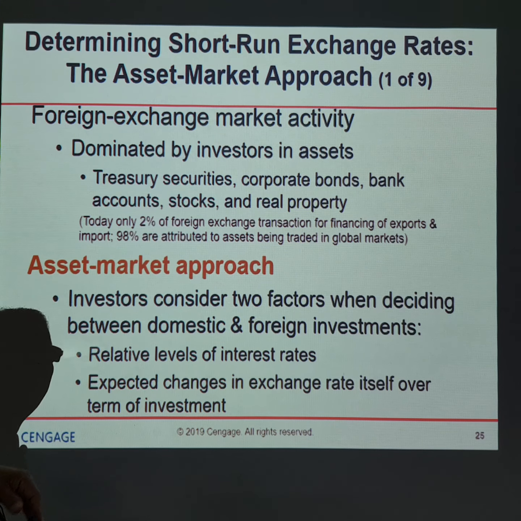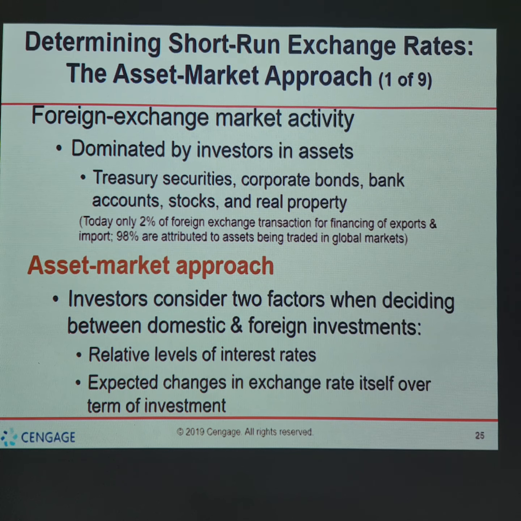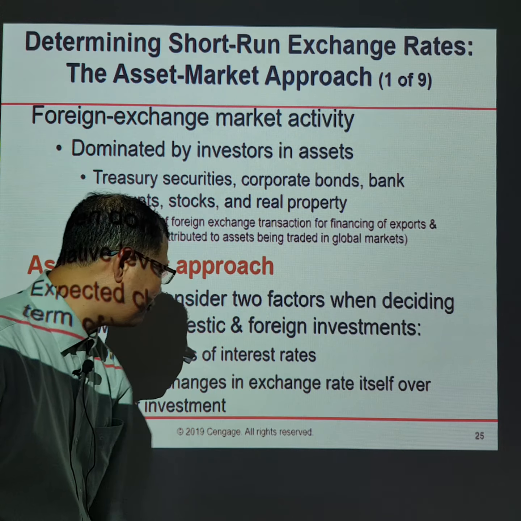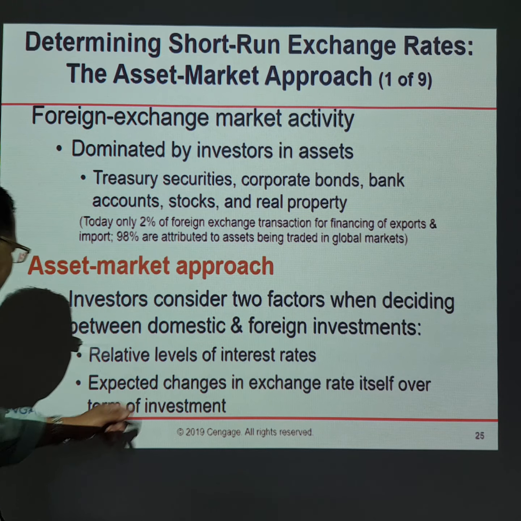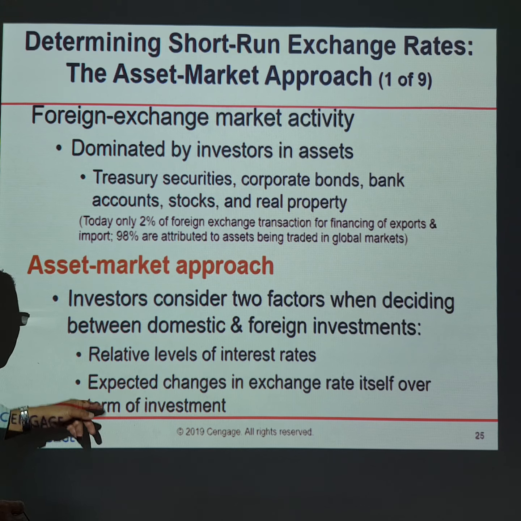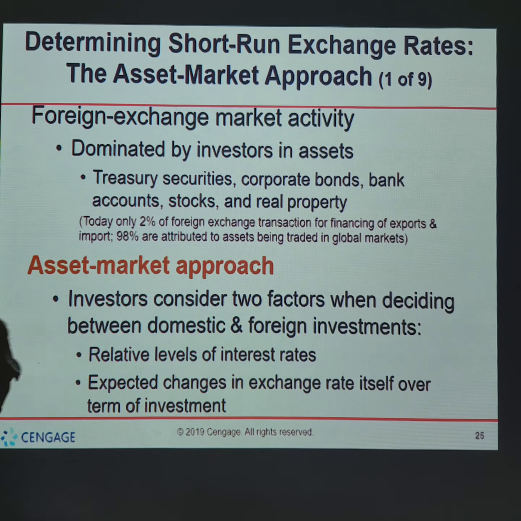So, asset market approach. Investors consider two factors when deciding between domestic and foreign investment. Number one, relative levels of interest rates. Number two, expected changes in the exchange rate itself over the term of investment. This is the short run.